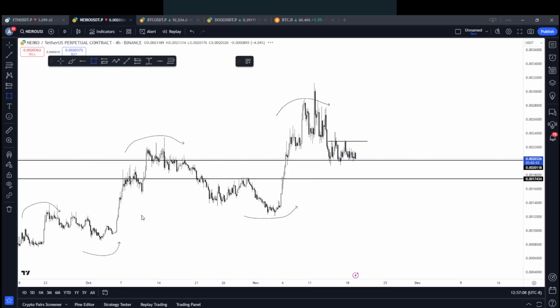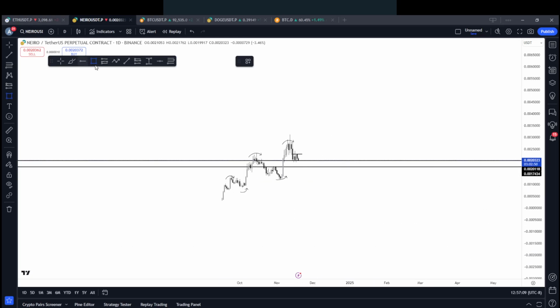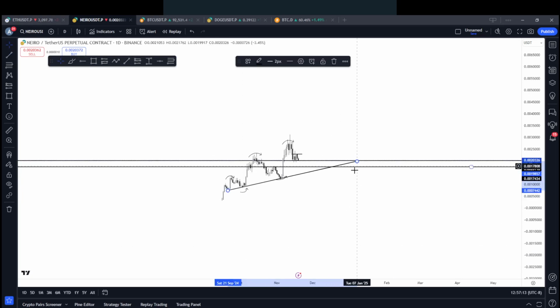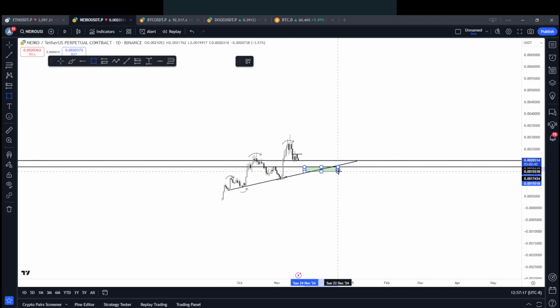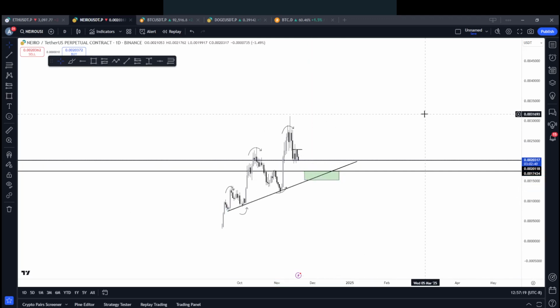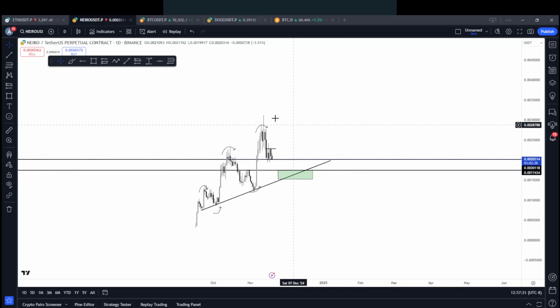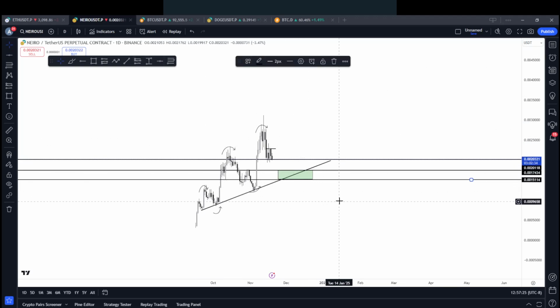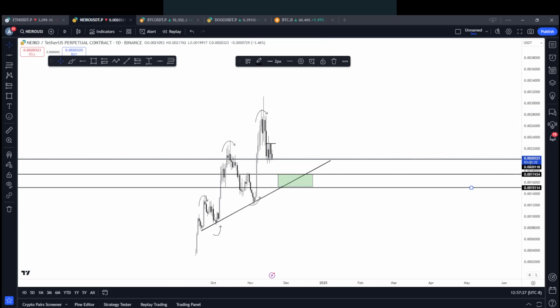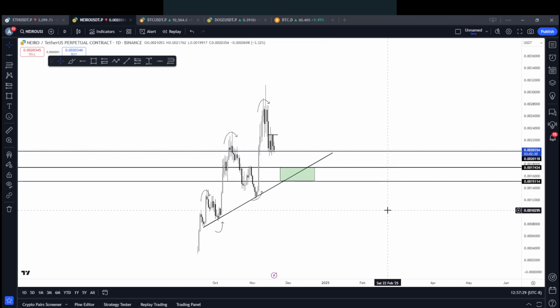And again, uptrend is still intact. So as long as we are above with no closures below, that is your buy zone. $174 down to 1.5.